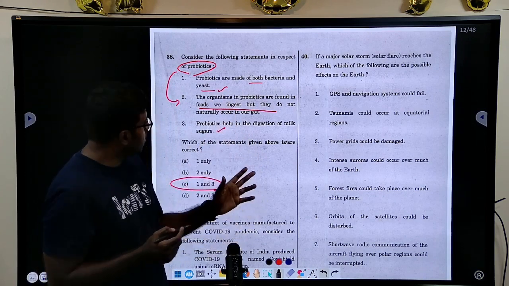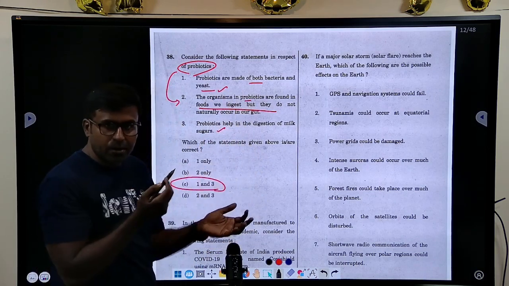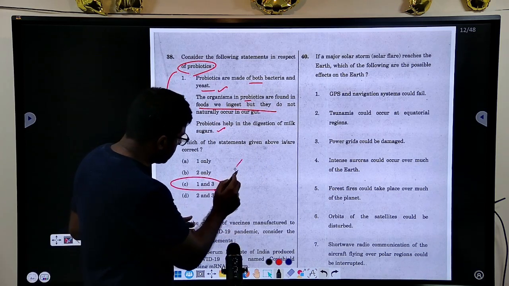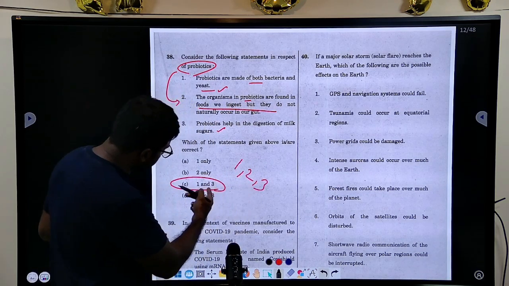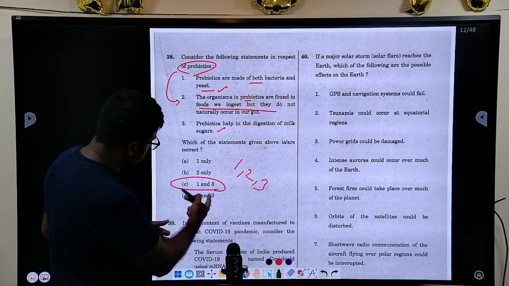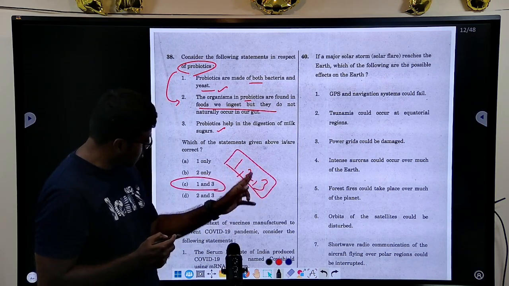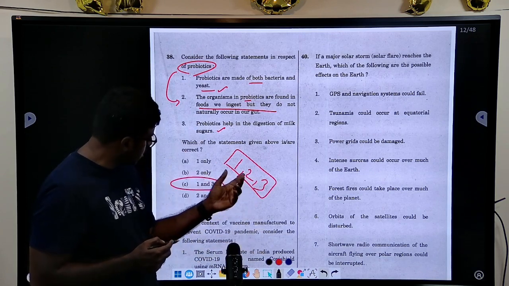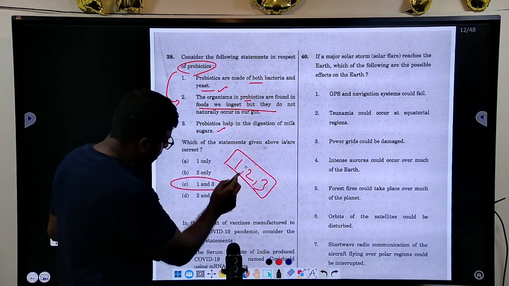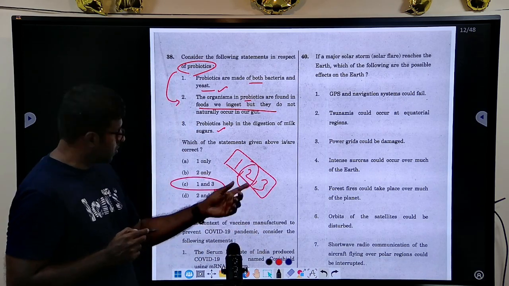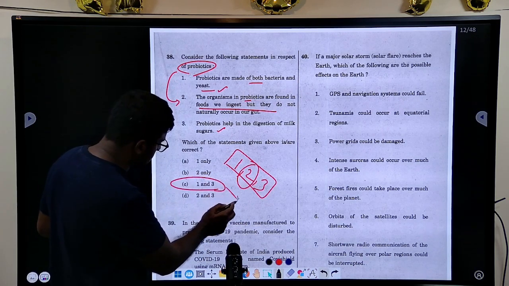I thought maybe this is the probiotics, that is why we are eating. I searched for 1, 2, 3, and 1, 2, 3 is not an option. So something is wrong. In the 3 options, one option is definitely wrong because 1, 2, 3 is not there. So, better of the worst options on the 2. So you remove it. So C is the answer.